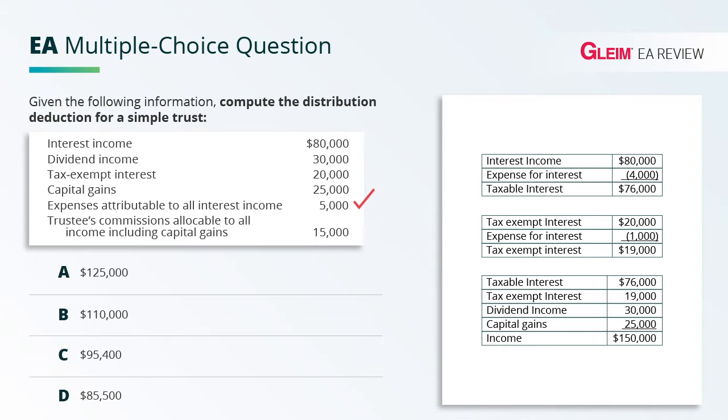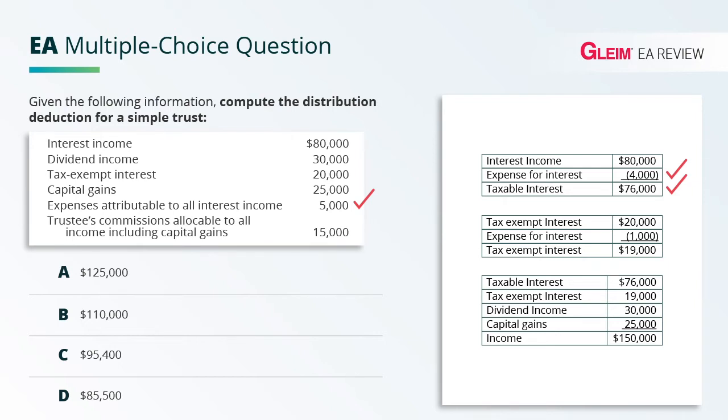What do I mean? We're going to take $80,000 interest income plus $20,000 tax-exempt interest, and that's a total of $100,000. We then allocate for interest income $80,000 over $100,000 total times $5,000, which gives us $4,000. So we take $4,000 from the interest income and we get $76,000 taxable interest. So we do subtract that away.